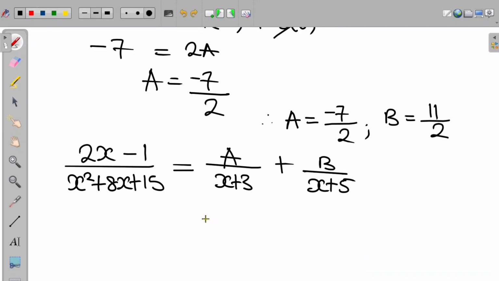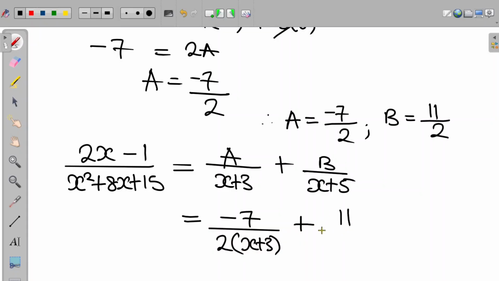If we substitute, the right-hand side becomes minus 7 divided by 2 multiplied by x plus 3, plus 11 divided by 2 multiplied by x plus 5. So at this point, we have been able to resolve the compound fraction into partial fractions.